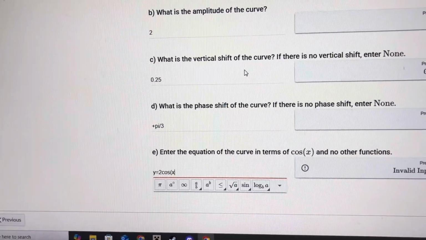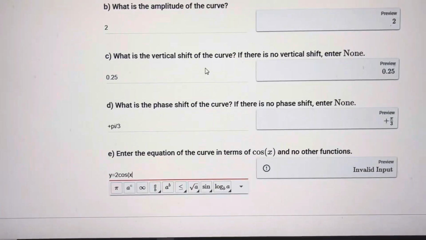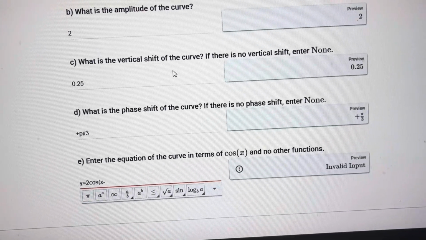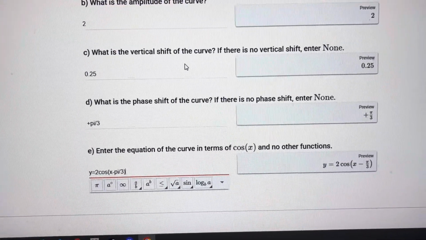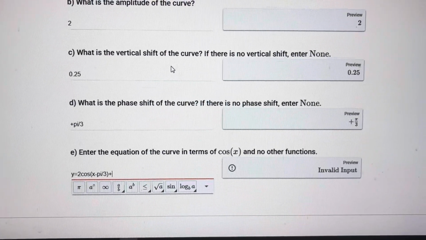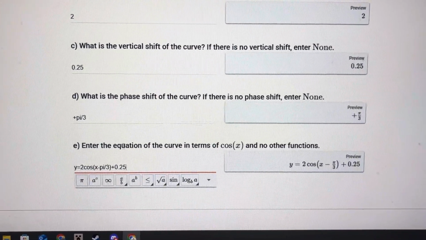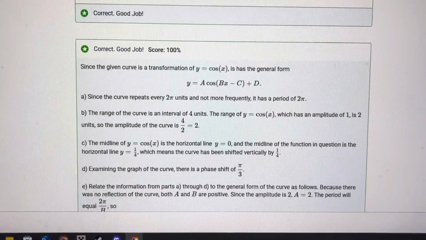And then, because it moved right pi thirds, we do minus pi thirds, and then we plus 0.25, which should give the same thing. Yep, there we go.